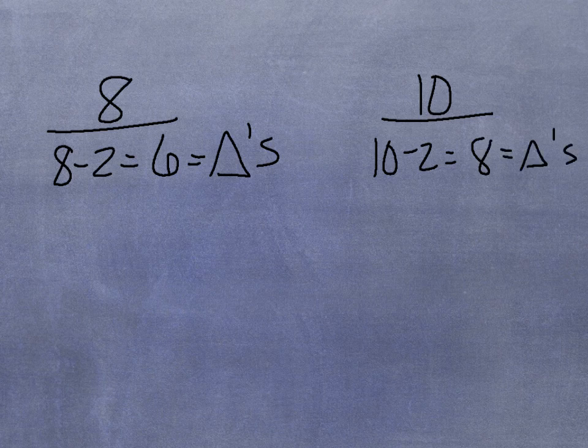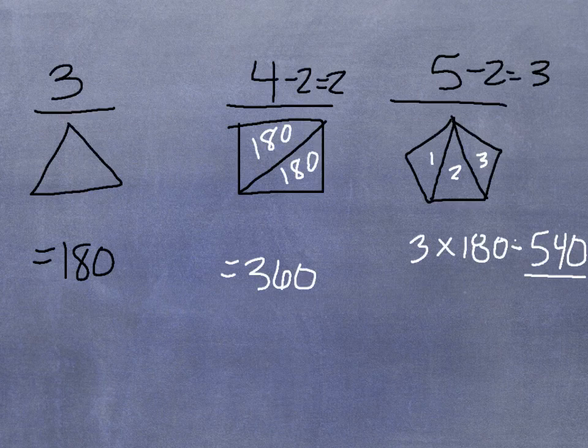Then what you have to do is go back, and now we want to figure out how much is just one inside angle. Inside of a square, there are 4 total angles. There's 360 degrees, so you would divide the 360 degrees by 4, and that gives me 90.